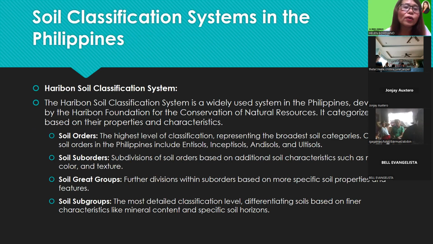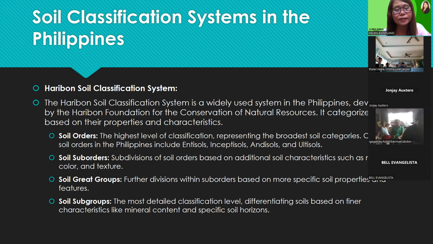We have also here the classification of soil systems in the Philippines. So it's very, very specific because we're here. Now, the Haribon soil classification system. The Haribon soil classification system is widely used in the Philippines, developed by Haribon Foundation for the Conservation of Natural Resources.